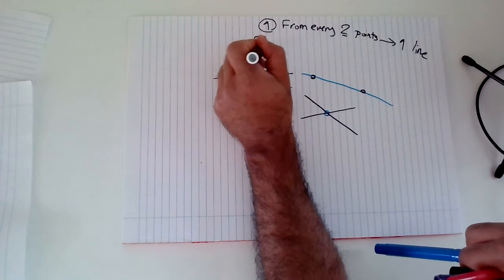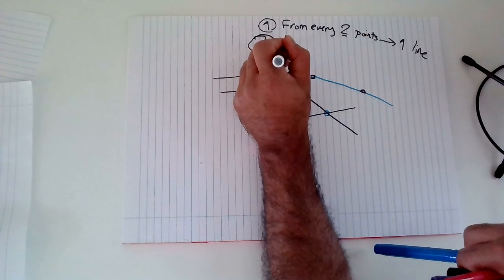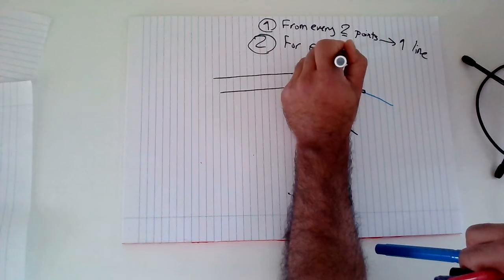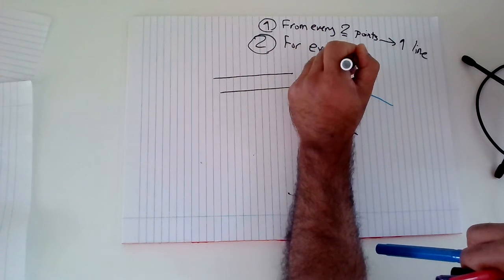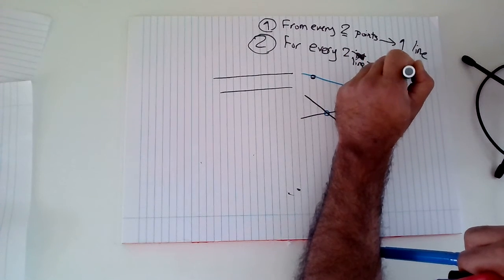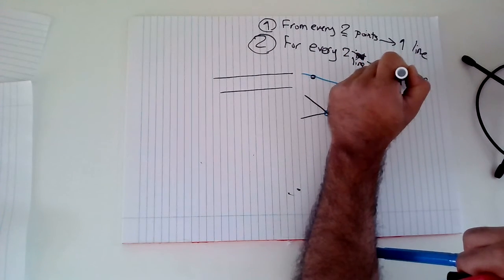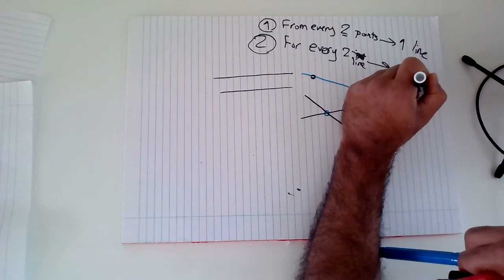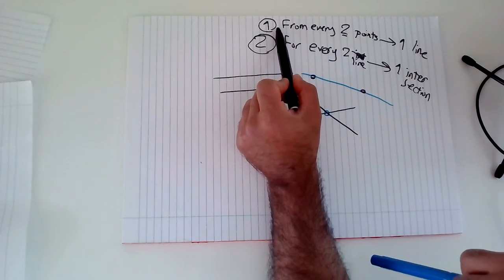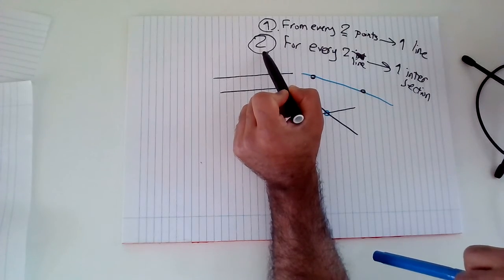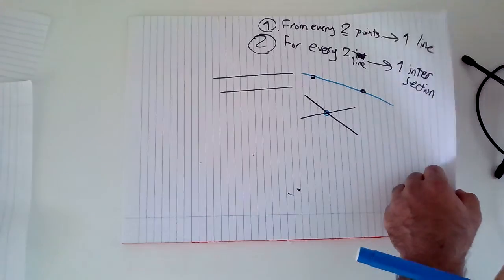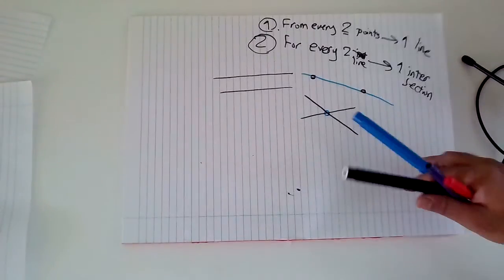And the second property is that for every 2 lines, there is only 1 intersection. In the normal geometry, property 1 holds. But property number 2 does not hold for parallel lines. And we'll try to fix that issue.